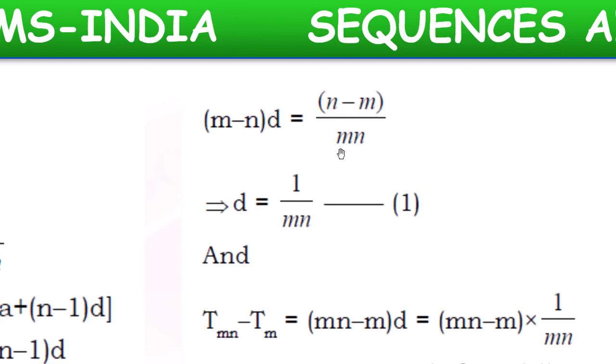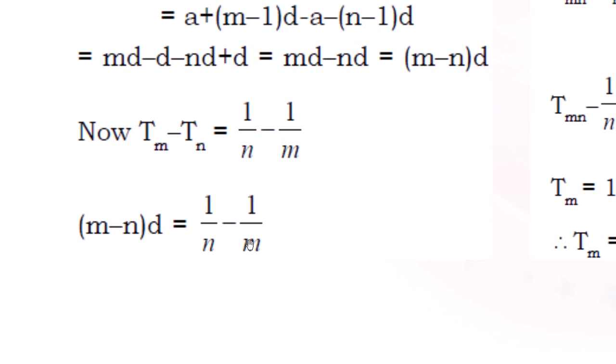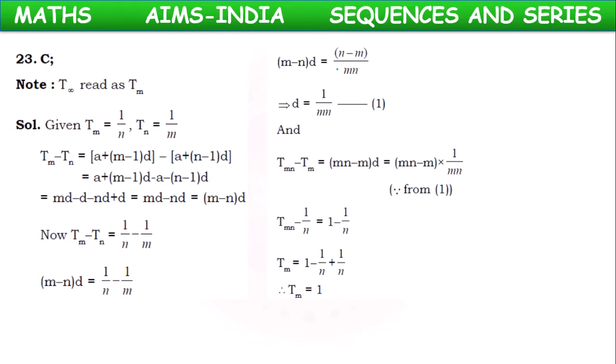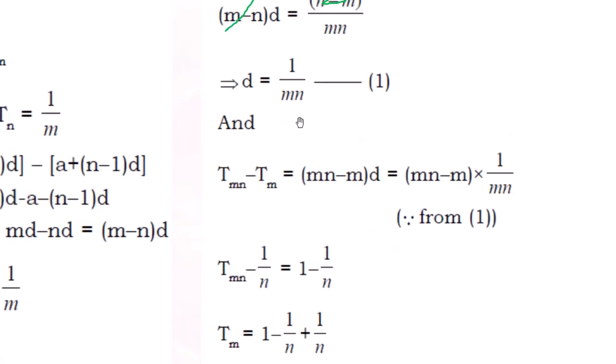Actually this is m minus n, children. This is not n minus m. This is m minus n, because m into 1 is m, n into 1 is n. This is m minus n. M minus n gets cancelled on both sides. d equal to 1 by mn.